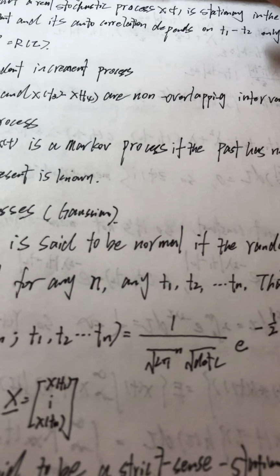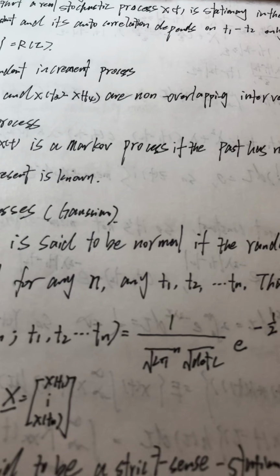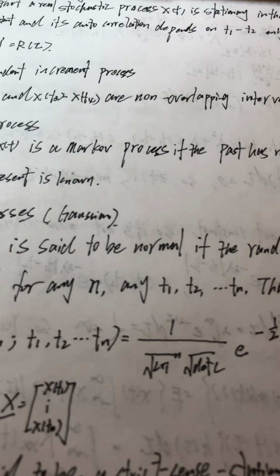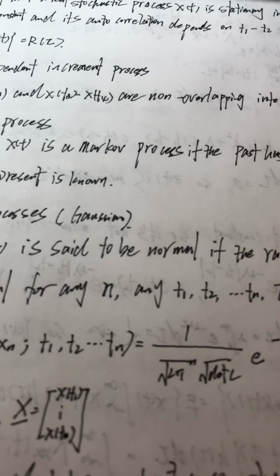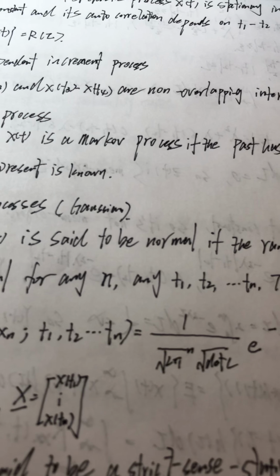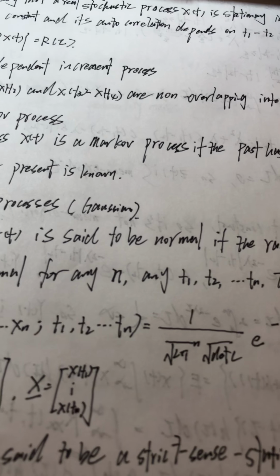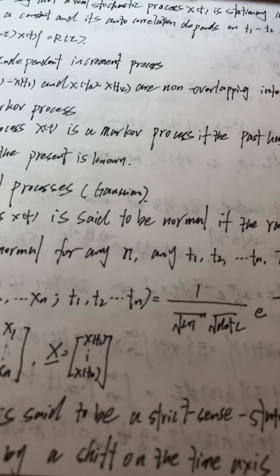And so we classified the Wiener process as one example of stochastic processes.